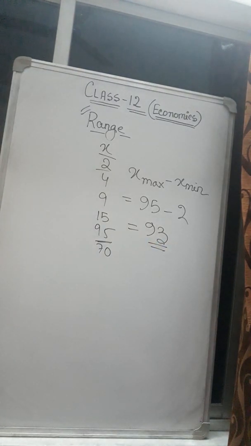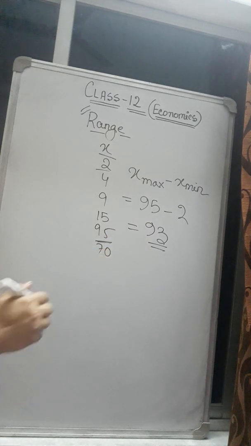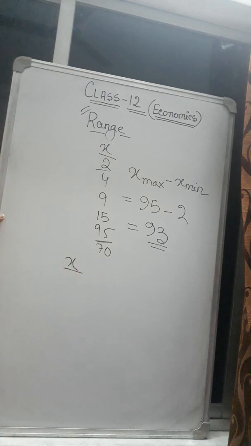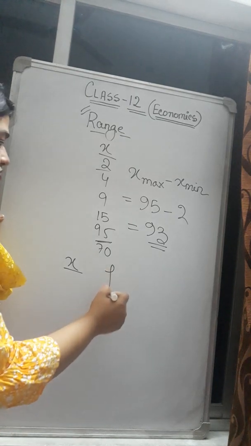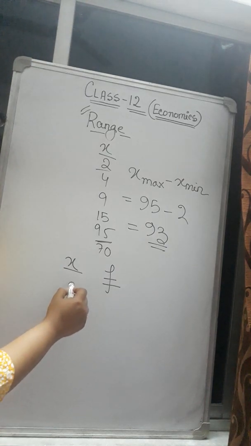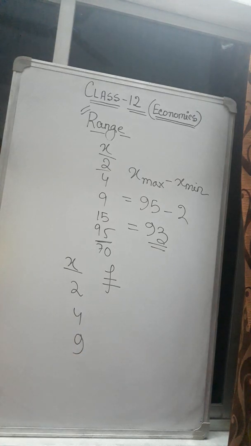Now this range calculation, if it is given like this: suppose x is the maths marks again and f is the frequency of the data set. Frequency means how many times it is occurring. For example, if I take 2, 4, 9, these are the maths marks.